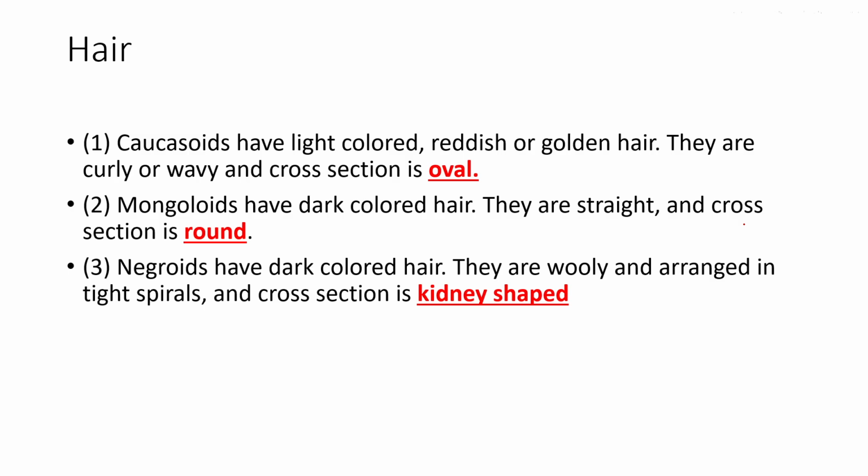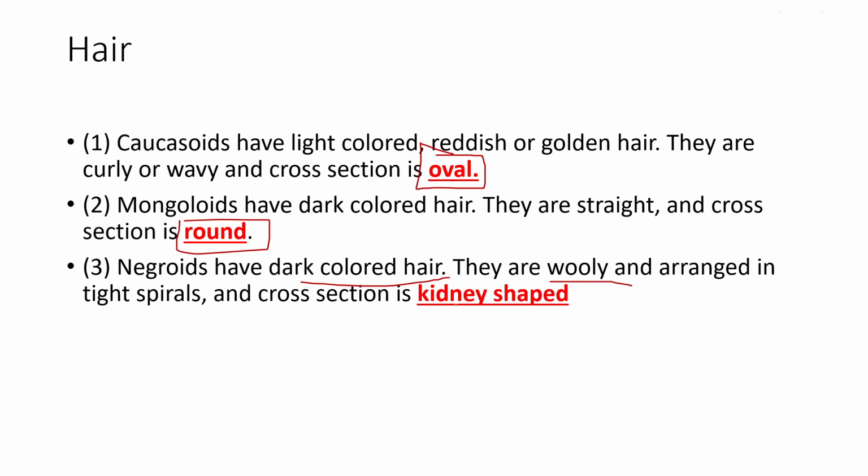Let's talk about the race from hair identification. From the hair, we know that the Caucasoids have light colored hair, reddish, brownish. The Europeans have mostly golden color, and they are curly, wavy. When we look at the cross sections of this hair, we will find oval shaped cross sections. The Mongoloids have dark color, they are straight, and the cross section is mostly round. But when we talk about the Negroids or the blacks, the Africans, they have dark hair color, and they have a woolly pattern.